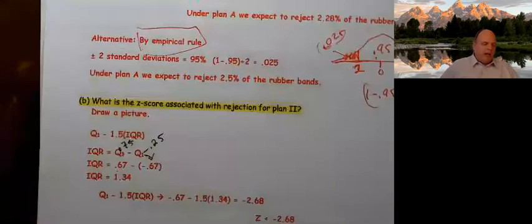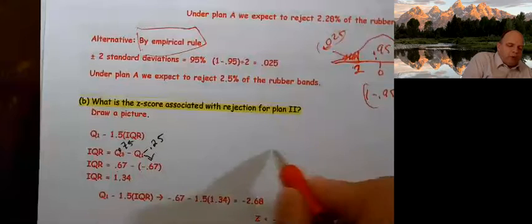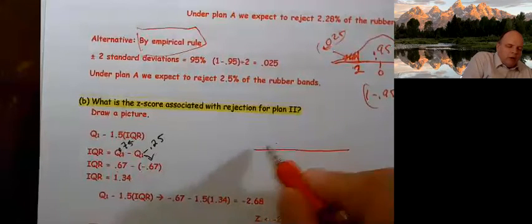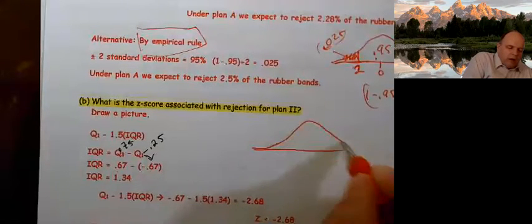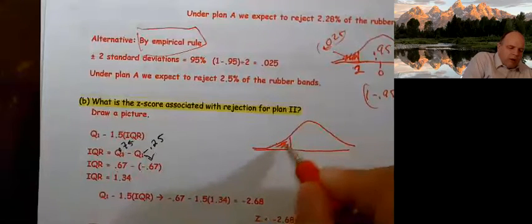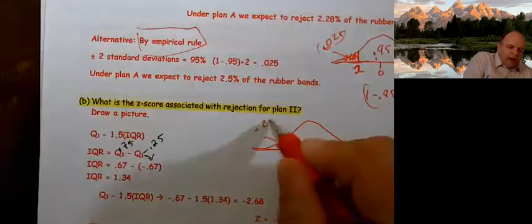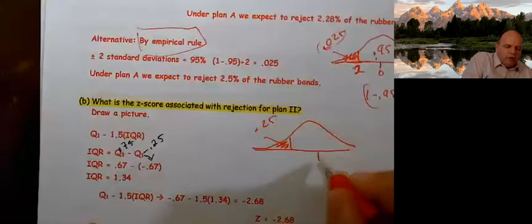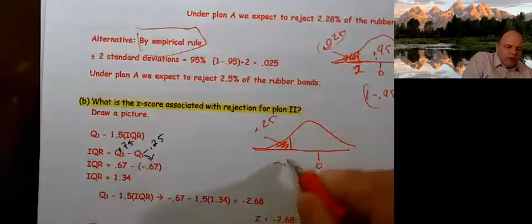Now some of you are going, hey, they're symmetric. Couldn't I just, if I found one, swap it? Yes, absolutely. If you were drawing this chart, this is 0.25, z-score is 0, this is negative 0.67.